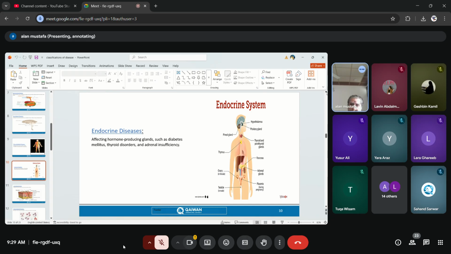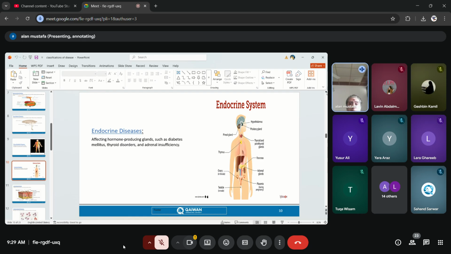So any diseases that affect these glands are endocrine diseases. One very common example, which I think I mentioned with you many times before, is thyroid problems.